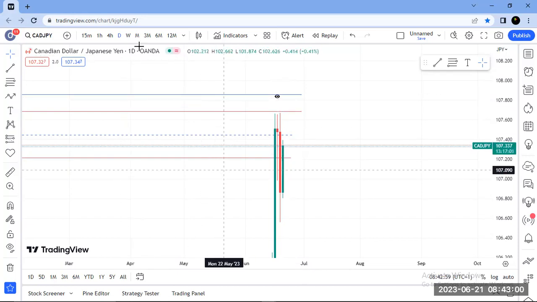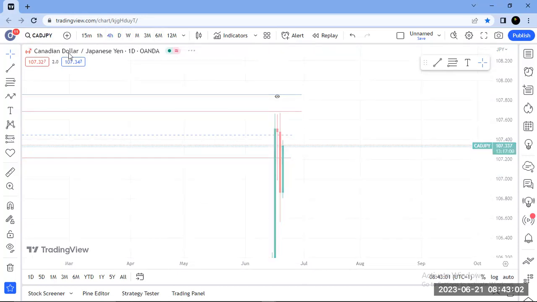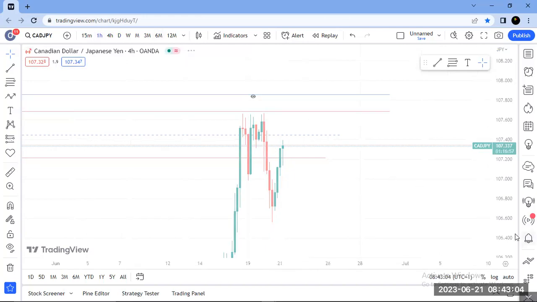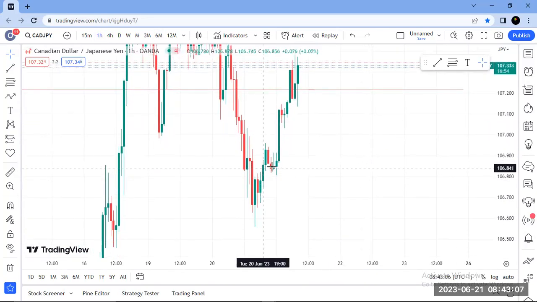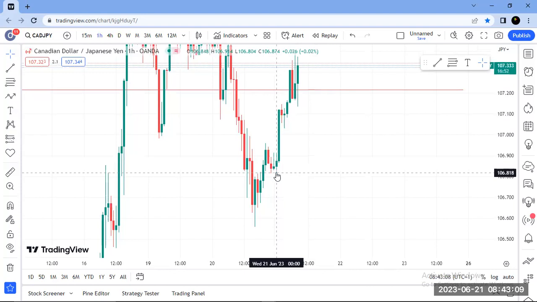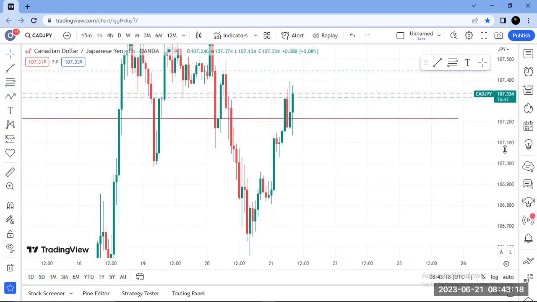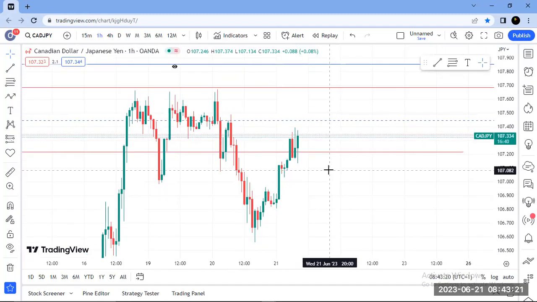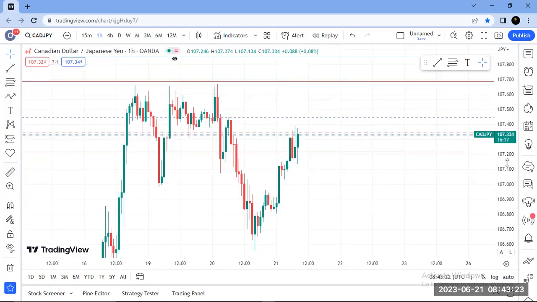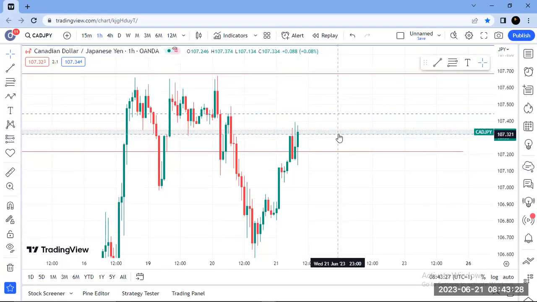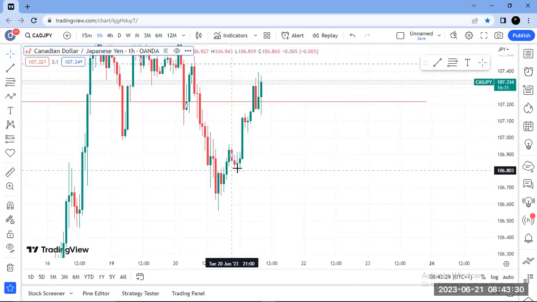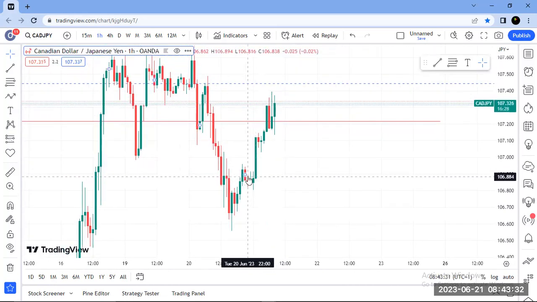So as soon as the daily candle opened, I entered. As soon as this candle opened, I entered a buy here and I put my stop loss here. So I'm already up on this trade. I will send a screenshot on the group for you to see. This is what I am currently on the CAD JPY.